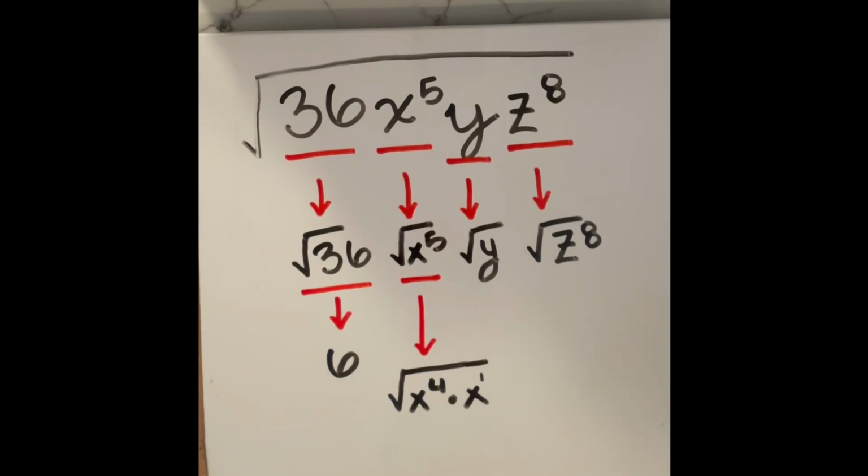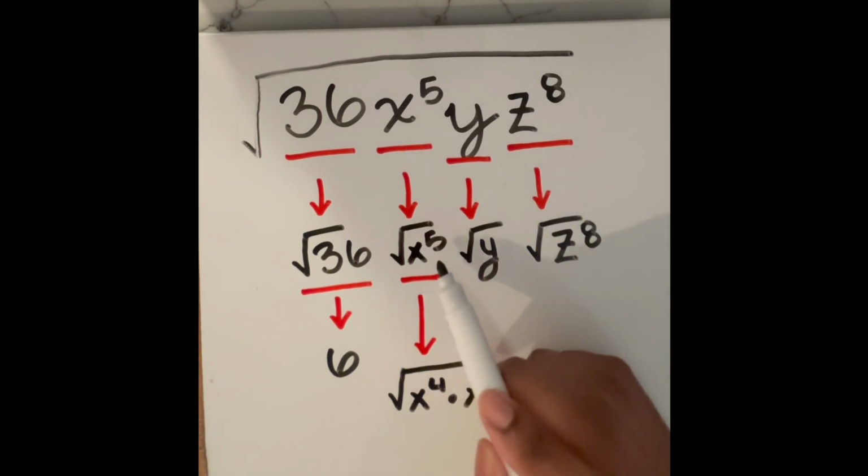But according to our laws of exponents, whenever we are multiplying two terms with the same base, we add the exponents together. So these two expressions are equivalent because x raised to the power of 4 times x raised to the power of 1 is equivalent to x raised to the power of 5.